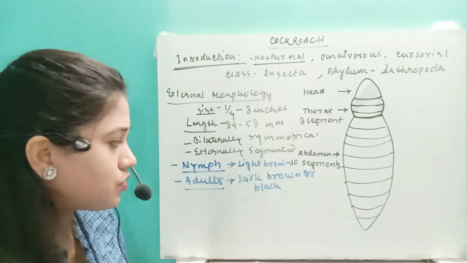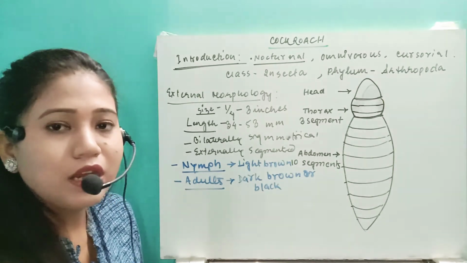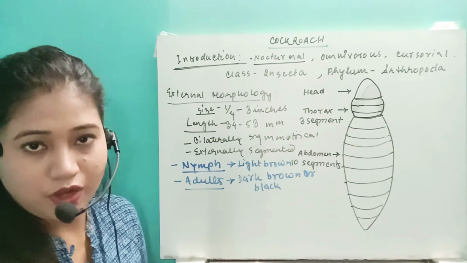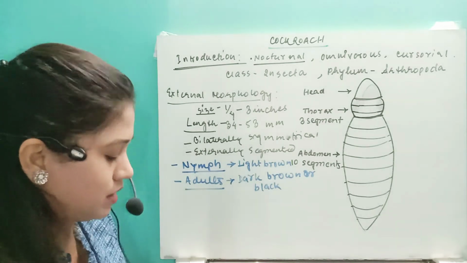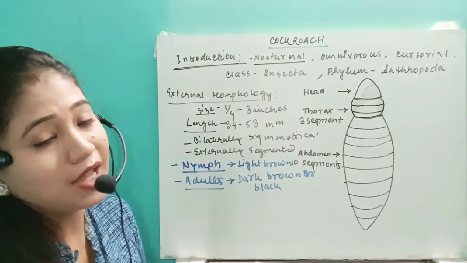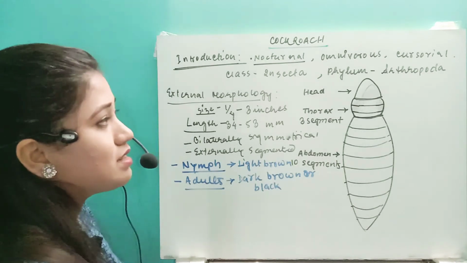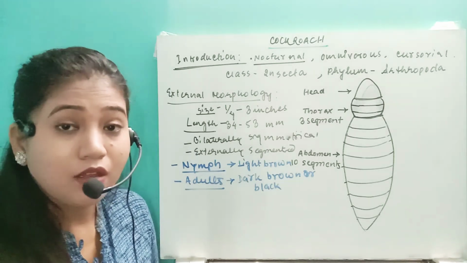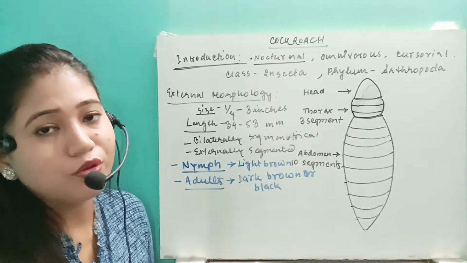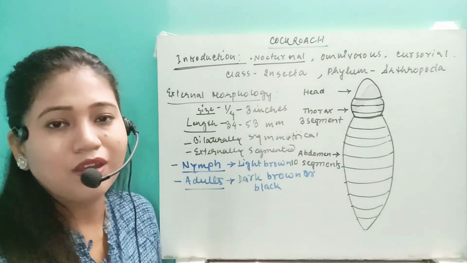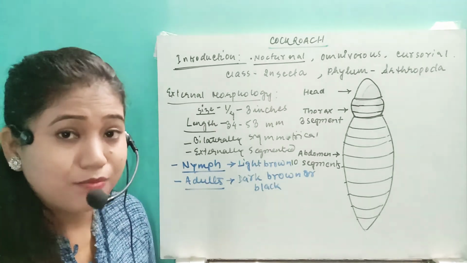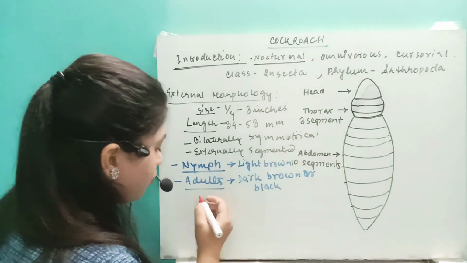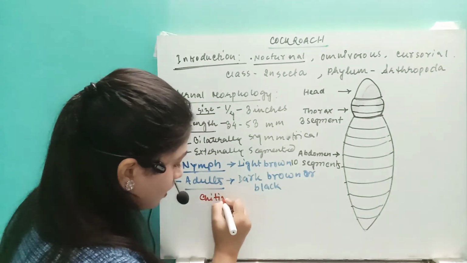Next, if you see this organism from outside, how many protections are there? From outside, this organism bears the exoskeleton. This is the criterion of the arthropoda. Why is arthropoda the largest phylum? The reason is that arthropoda have a well-developed protective covering, the chitinous exoskeleton.